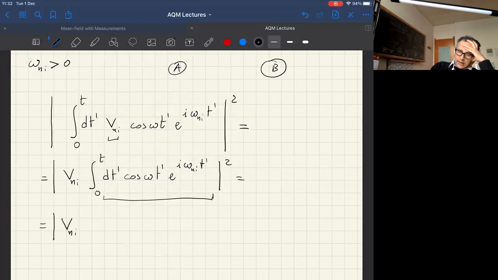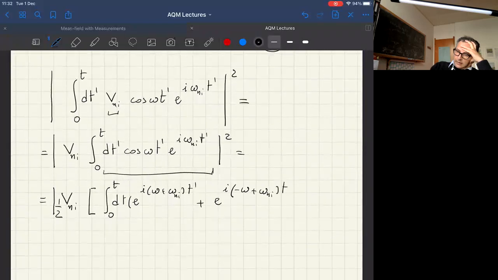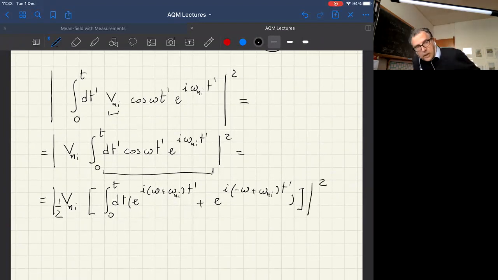Now this integral you can do. It is just equal to V n I, and then I have 1/2, the integral from 0 to t of dt prime e to the i (omega plus omega n I) t prime plus e to the i (minus omega plus omega n I) t prime, modulus squared.